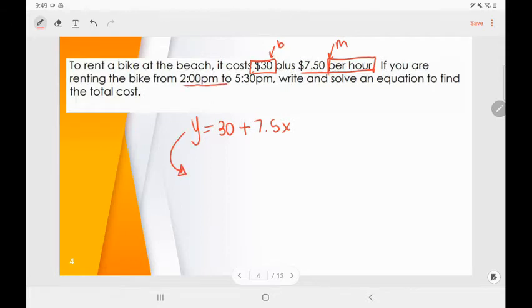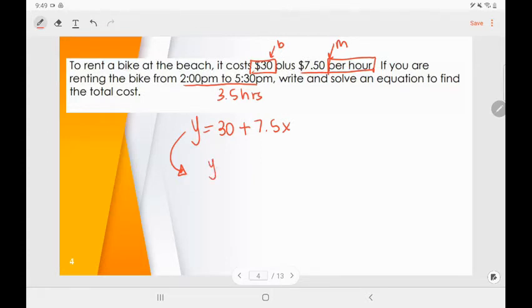So I'm renting the bike from 2 to 5:30. Find the total cost. Well, from 2 to 5:30 is, so 3 o'clock is 1 hour, 4 o'clock is 2 hours, 5 o'clock is 3 hours, so 3.5 hours. Is that an output or is that an input? Remember, if I input how long, I get an output of the price.